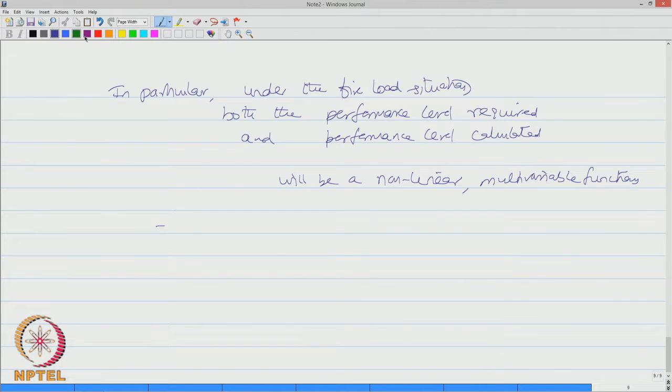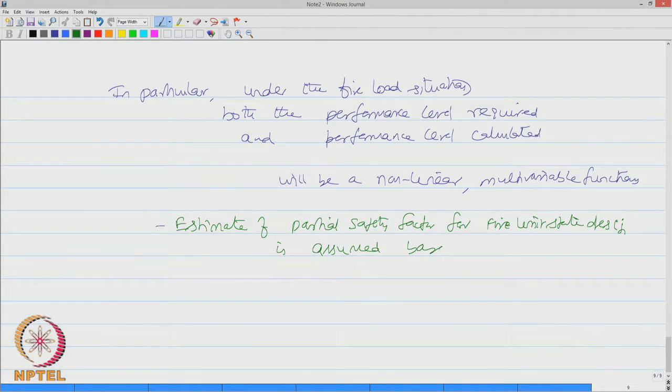Therefore, in general, the estimate of partial safety factor for fire limit state design is assumed based on a common approach, as driven by or goes by experience.